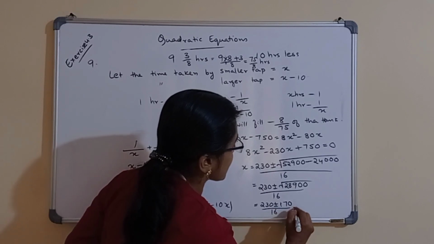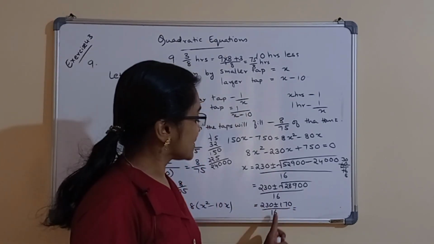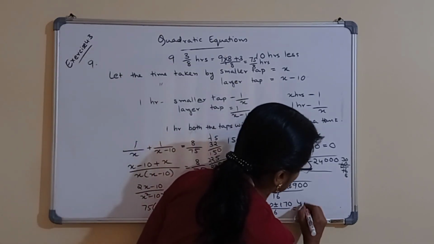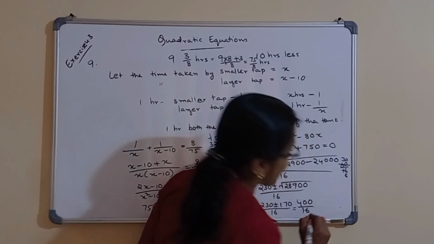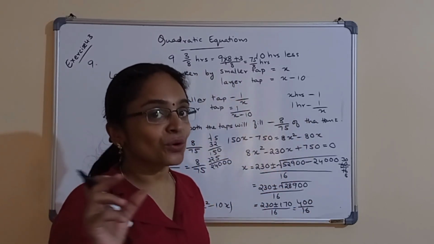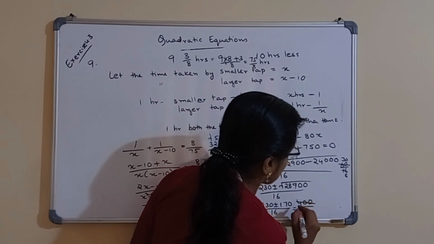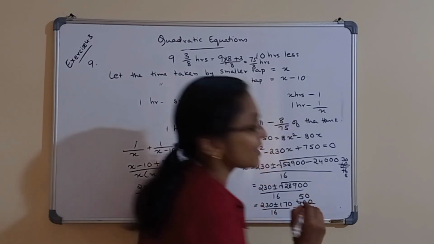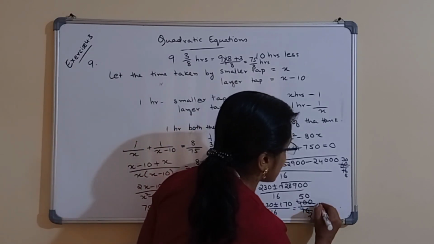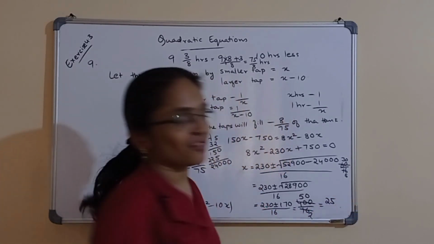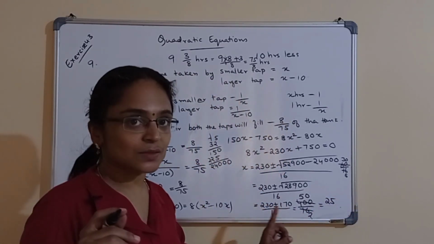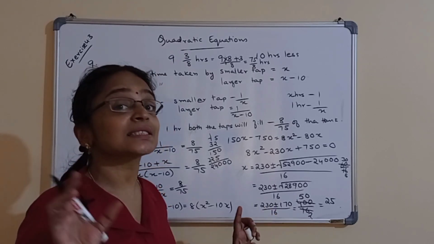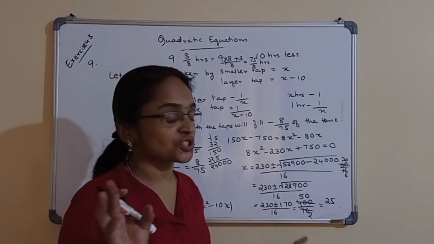170 by 16. Now 230 plus 170 by 16 is 400 by 16, and 8 will go in 400 how many times? 8 will go in 40 5 times. Now 0. And 8 will go in 16 2 times. So it is equal to 25. And if we take 230 minus 170 by 16, it is 60 by 16, which will be a fraction.